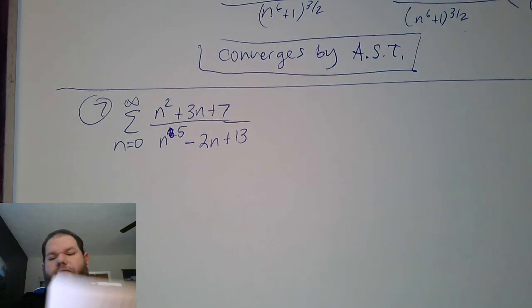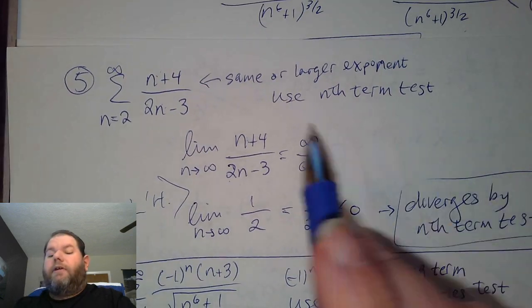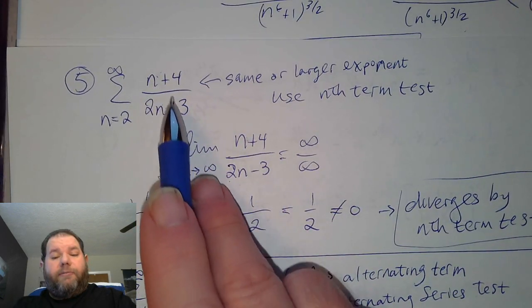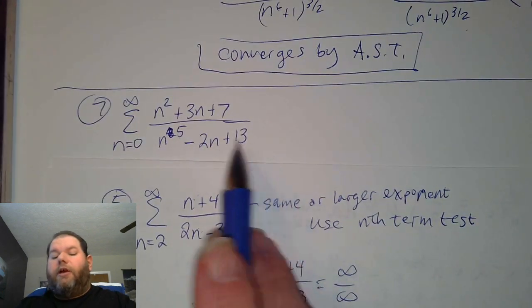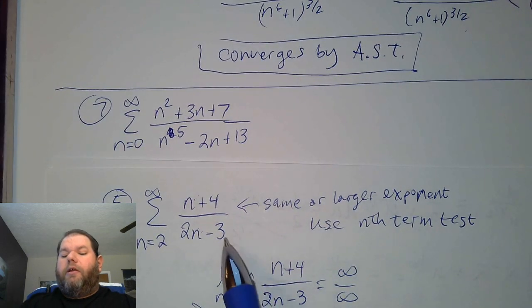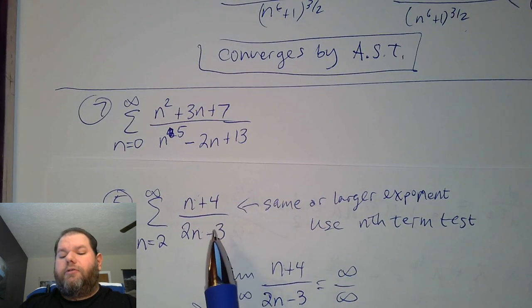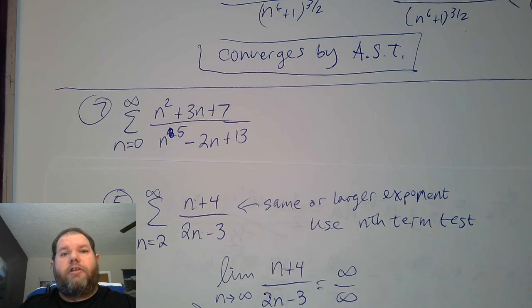Now, remember what I said before when we were talking about the nth term test, this is a similar situation. We have a polynomial over a polynomial. So in this situation, we either use the nth term test or the limit comparison test.